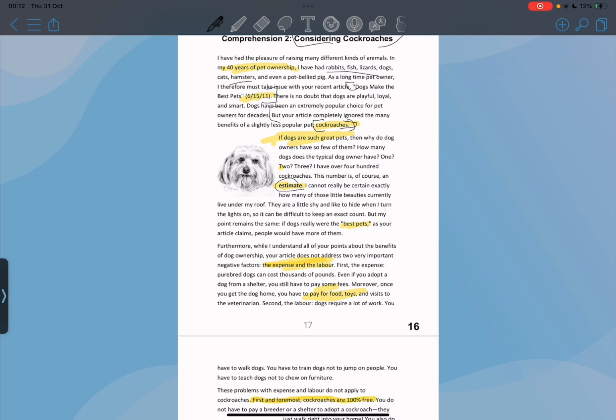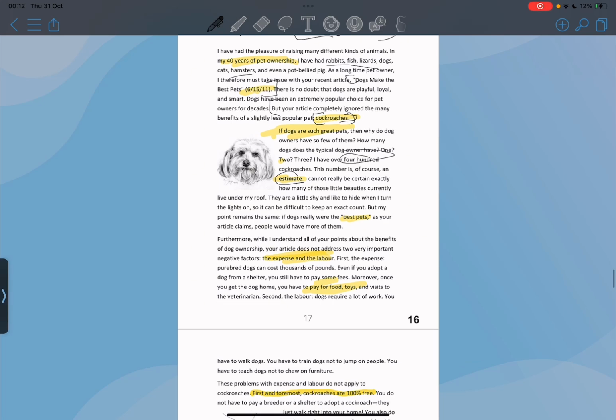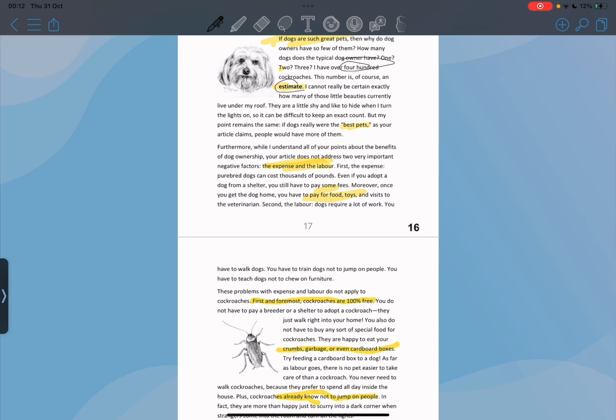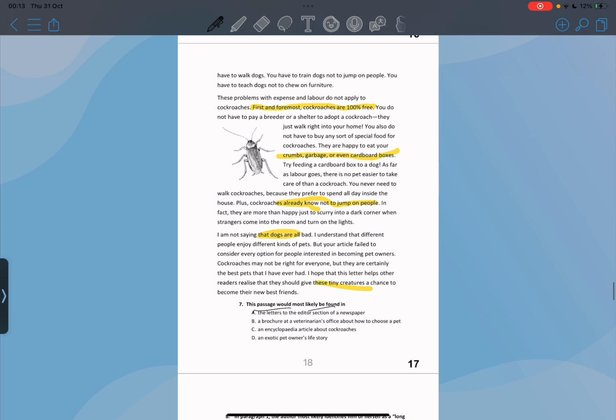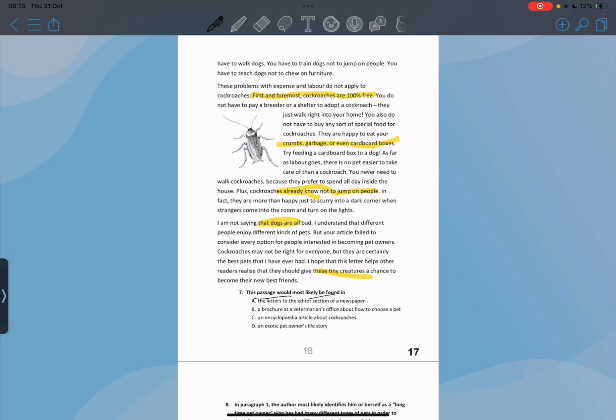He gives lots of reasons why you might want cockroaches. Again, it's a bit of a joke. He says they're completely free, you don't have to pay for food and toys. And they don't jump on visitors. They just stay away. So where would this actually be found?